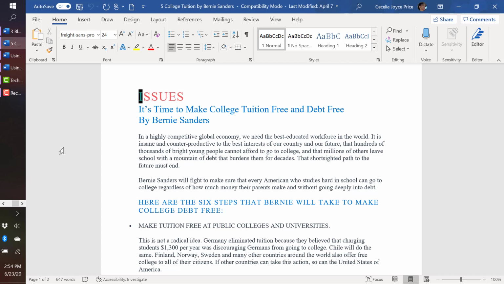It is insane and counterproductive to the best interests of our country and our future that hundreds of thousands of bright young people cannot afford to go to college, and that millions of others leave school with a mountain of debt that burdens them for decades. That short-sighted path to the future must end. Bernie Sanders will fight to make sure that every American who studies hard in school can go to college regardless of how much money their parents make and without going deeply into debt. That's the gist of this whole thing.